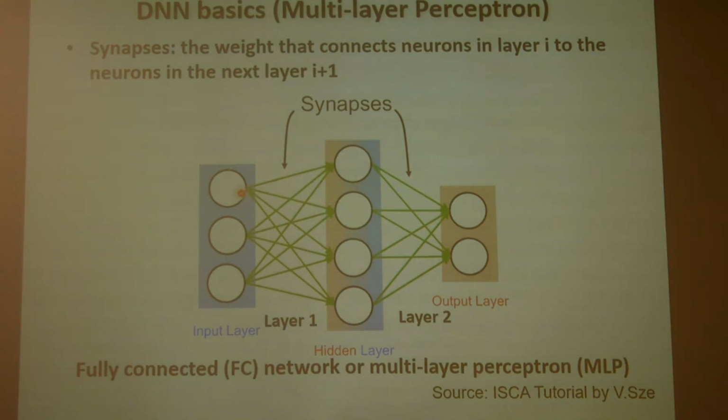In the MLP, one neuron is connected to all the neurons in the next layer. So it is also called a fully connected network or fully connected layer, FC layer. For example, this neuron in the first layer is connected to all the 4 neurons in the next layer. And the same thing for these 2.